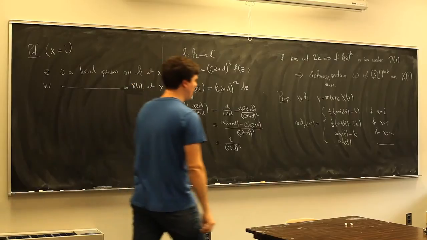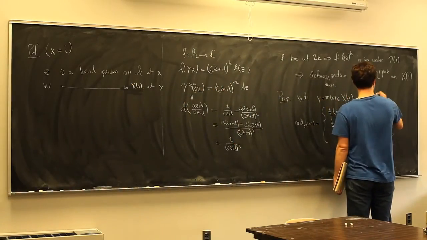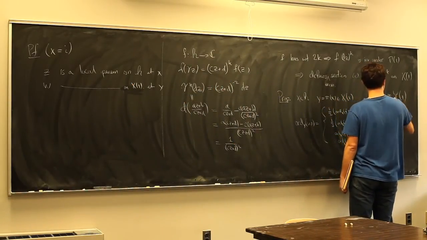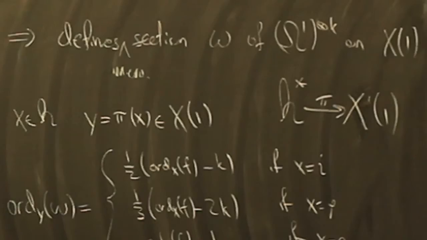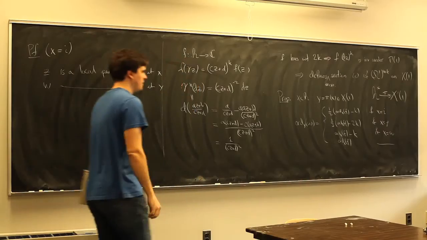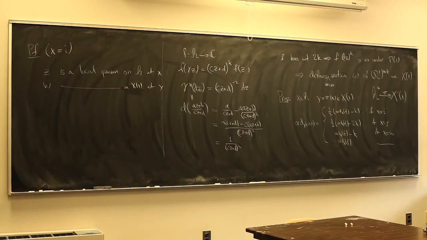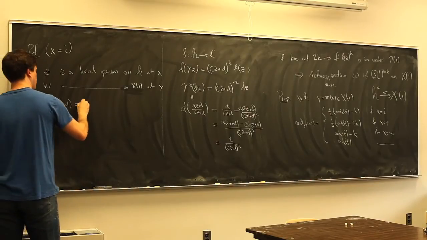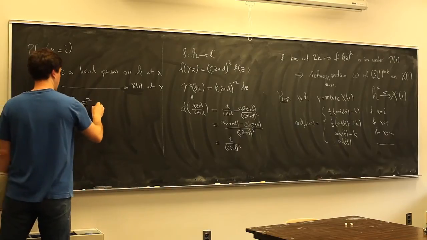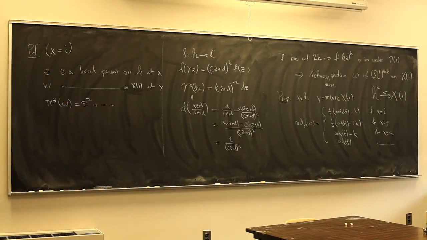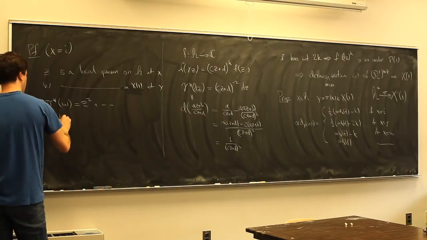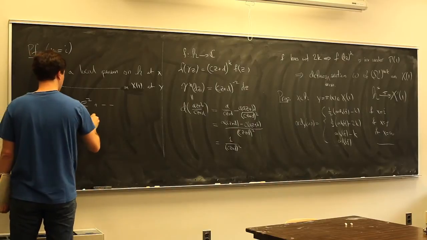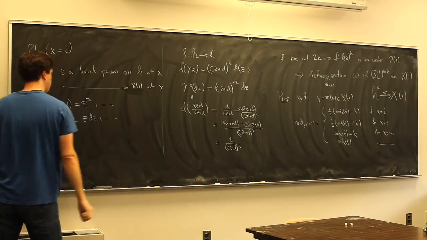So the projection map pi, the map from H to X1, is ramified with ramification index 2 at the point i, because we have this stabilizer group. So if I pull back w, it's going to look like z squared plus higher order terms. Right, that's what ramification means. And so if I pull back dw, I get d of this, so I basically get z dz plus higher order terms.